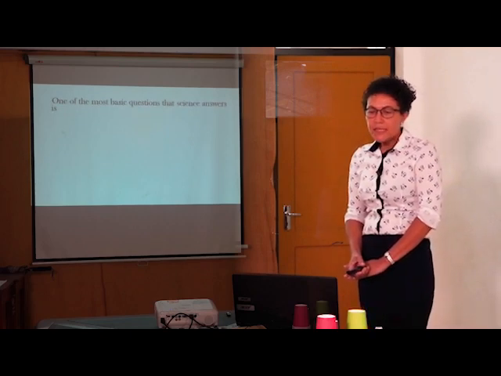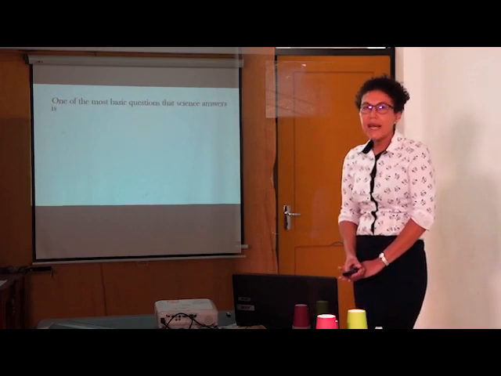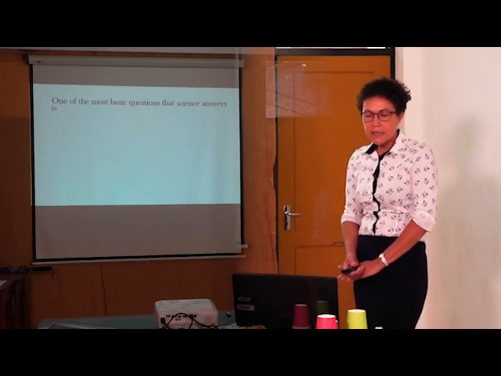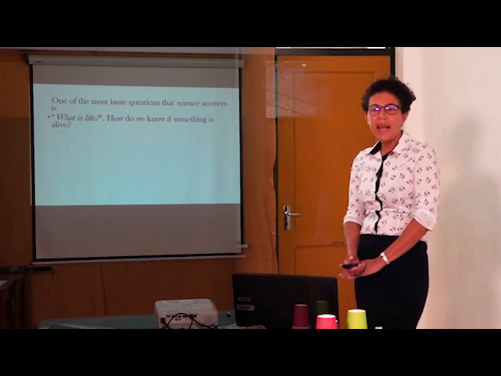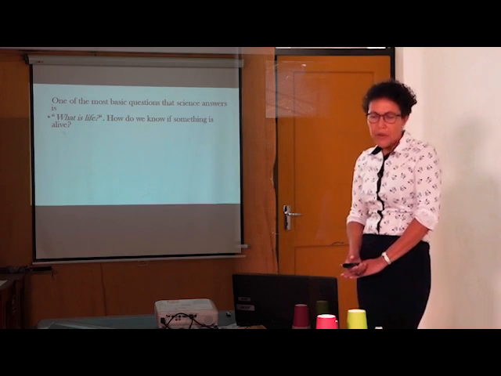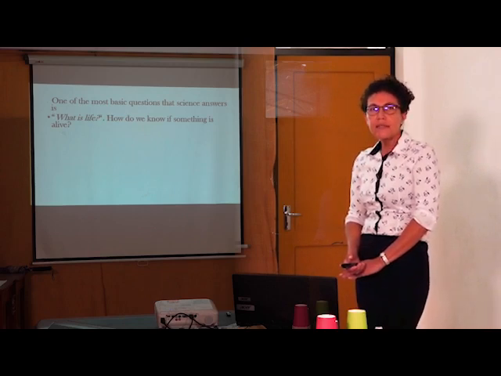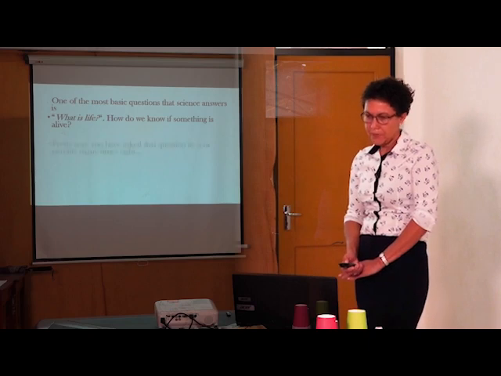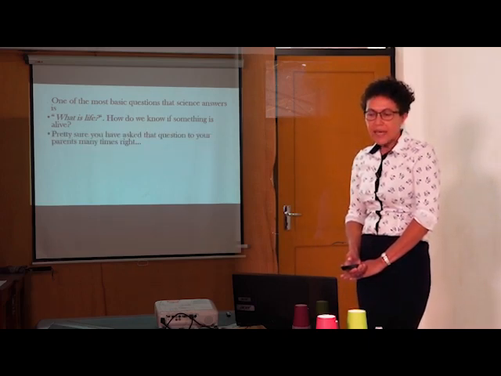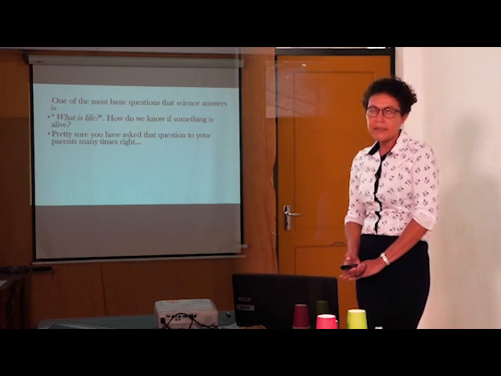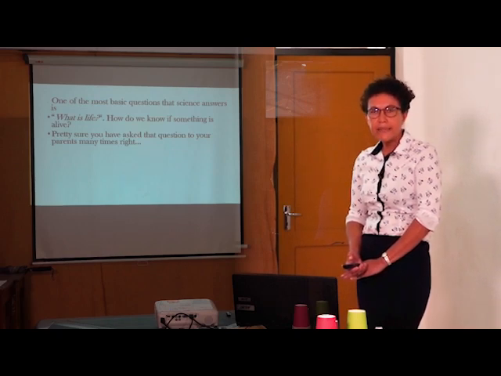One of the most basic questions science answers is, what is life? How do we know something is alive? Pretty sure you have asked that question to your parents many times, right?